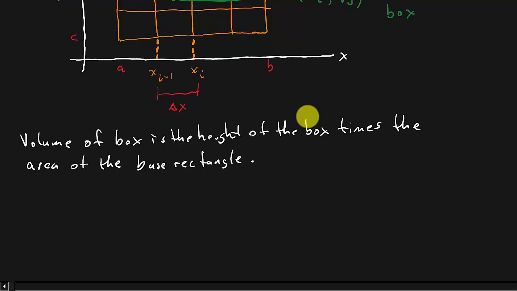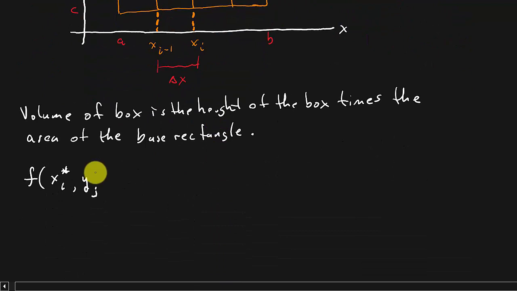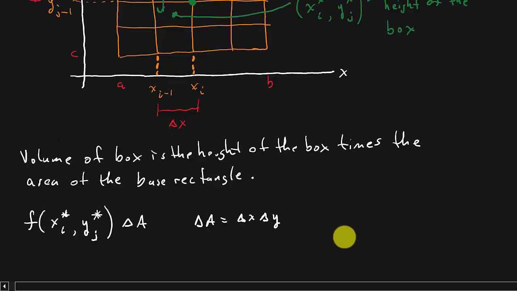So it's the height, which is f of x sub i star, y sub j star, times delta A. That's the area, and delta A is equal to delta x times delta y.